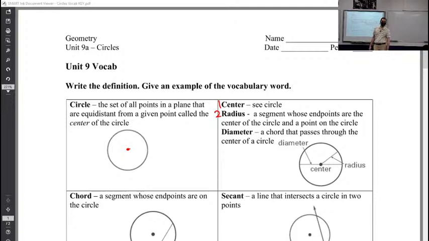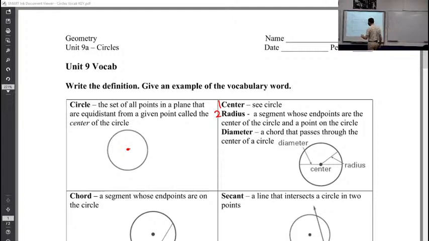And the idea of a circle is that every single point on the circle will be the same distance away from my center. And it's every single point, it covers every single point that is that distance away from my center.